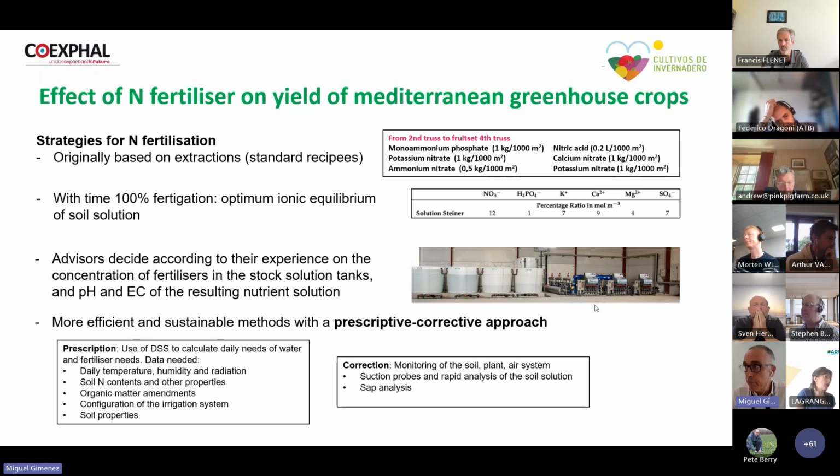So in terms of the emission of greenhouse gases, the major source is fertilizers. That's why we're trying to give information and knowledge to our growers to improve their efficiency in the use of fertilizers.